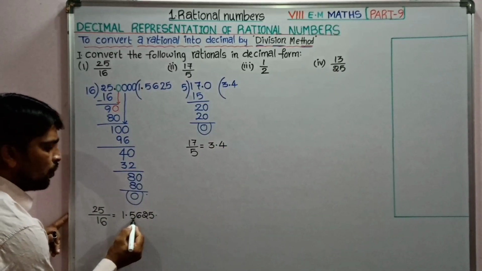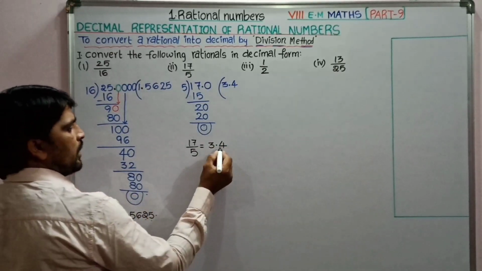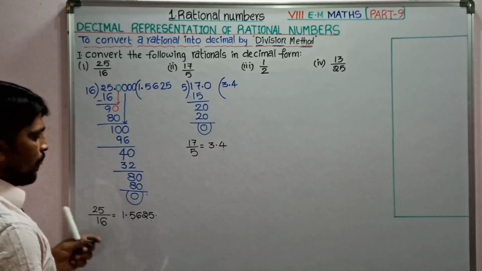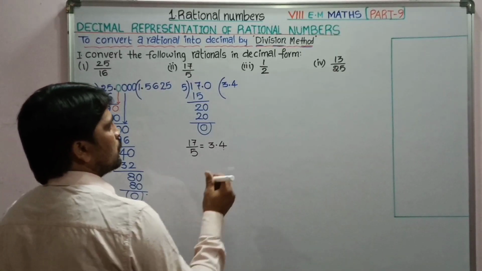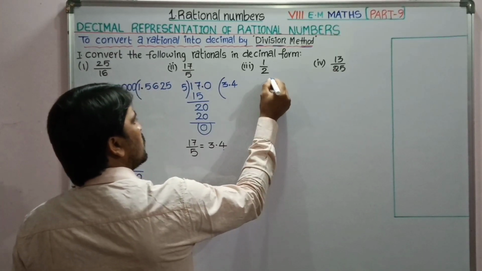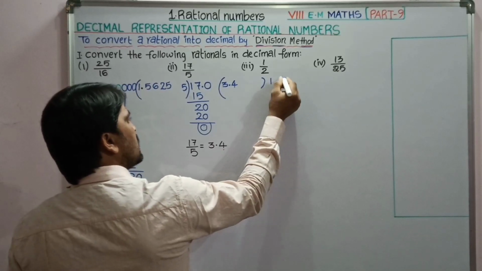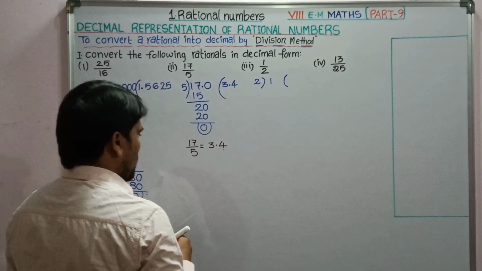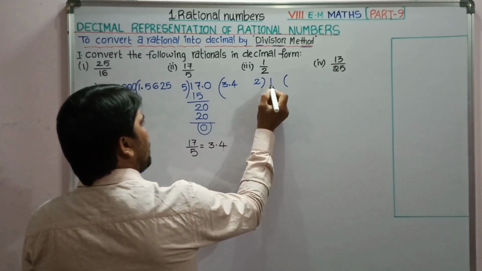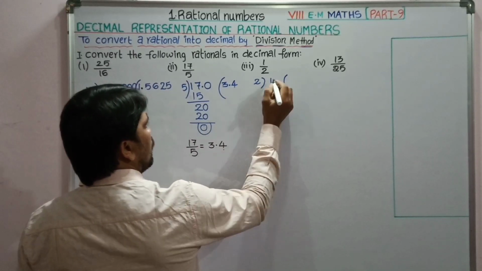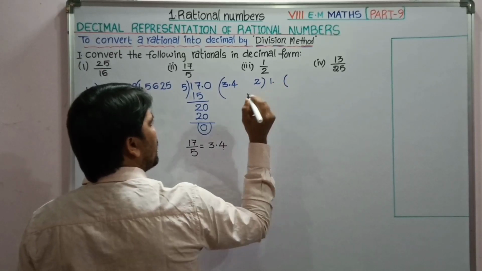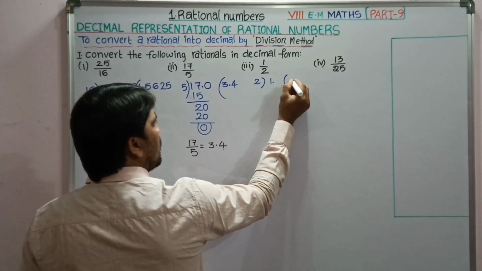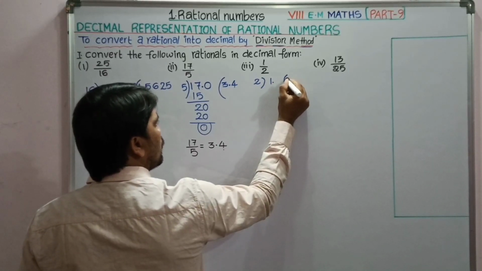Here we get 4 decimal places; here we get only 1 decimal place. Next, 1 by 2. The numerator 1 is the dividend and the denominator 2 is the divisor. But our dividend is less than the divisor, so we put a decimal point in the dividend part and at the end of the quotient part.